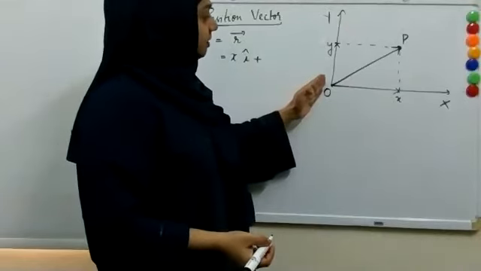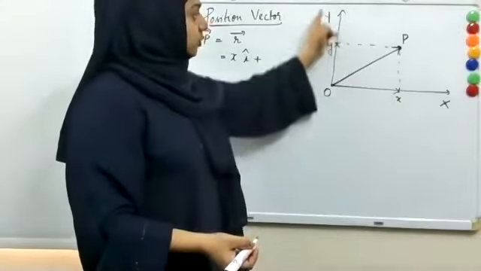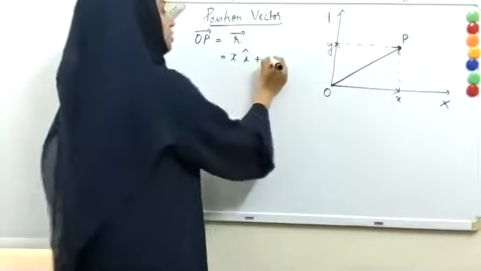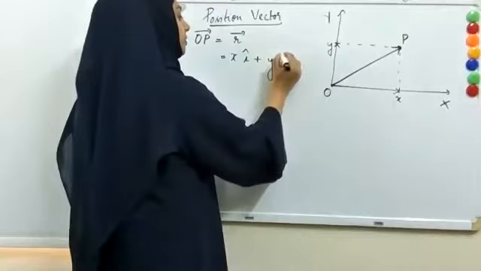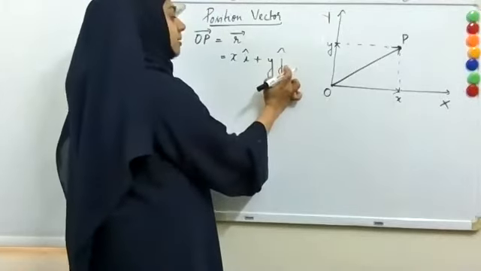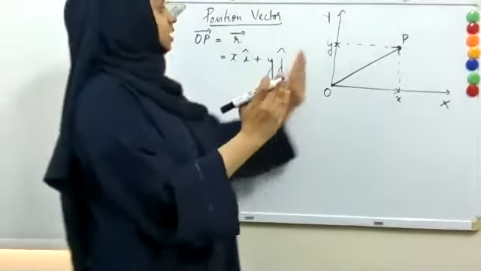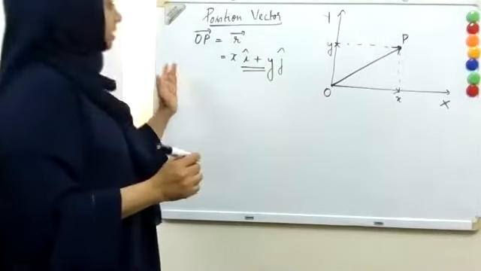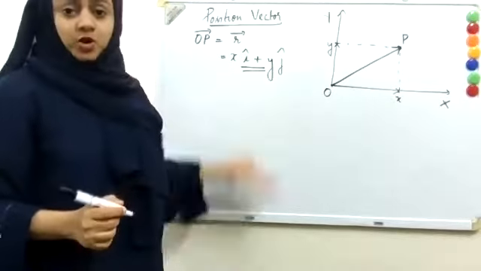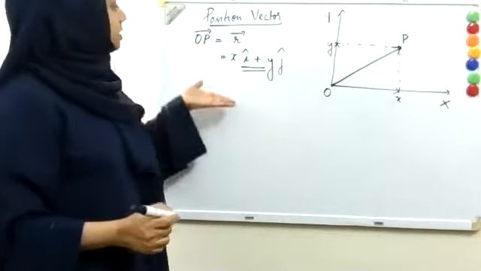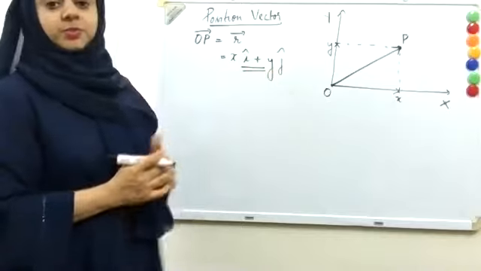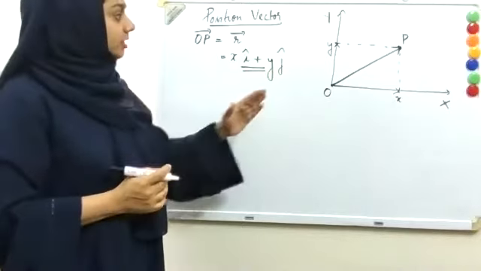And you can represent this vector which is in the y direction having magnitude y as y j cap, because j cap represents the unit vector along the y direction. So position vectors often come across when we solve problems related to the addition of vectors. So this is how we represent the position of a vector.